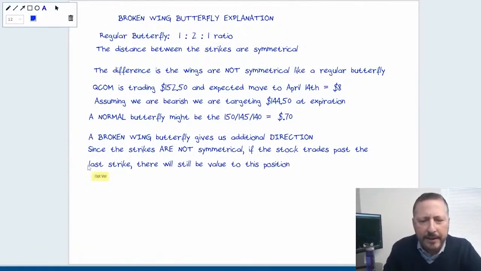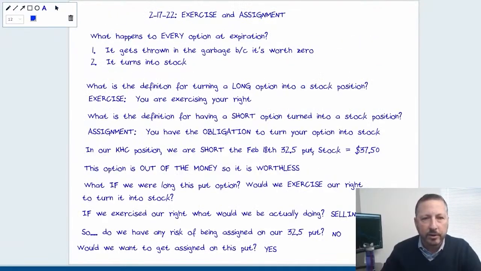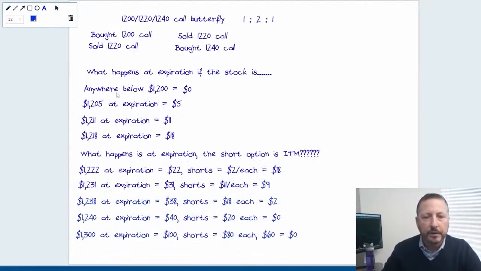Try and think about that for a moment. In the Tesla example, when we went through a normal butterfly, and I'll bring that up for reference in a second, we had the 1200, 1220, 1240.